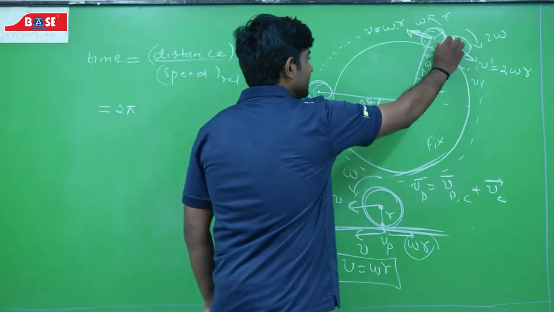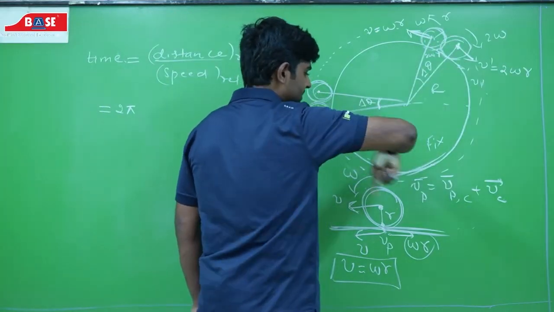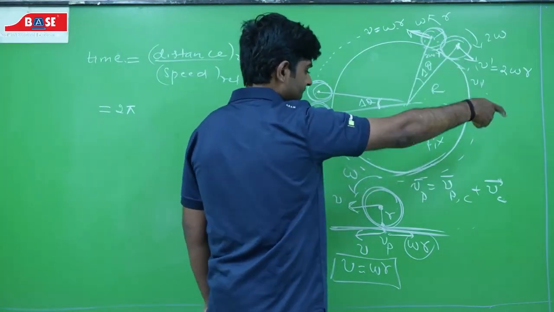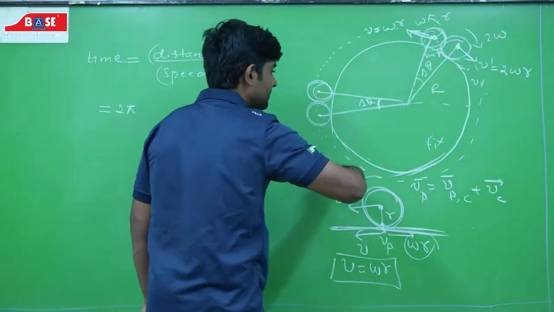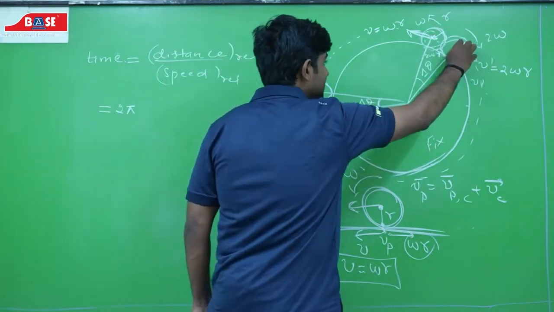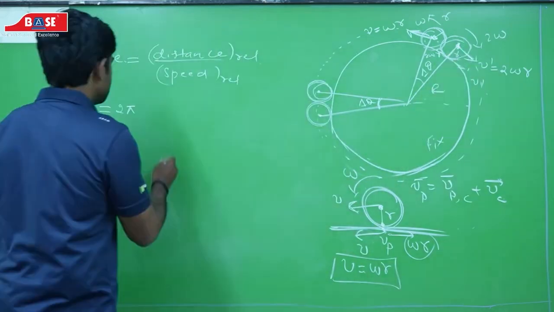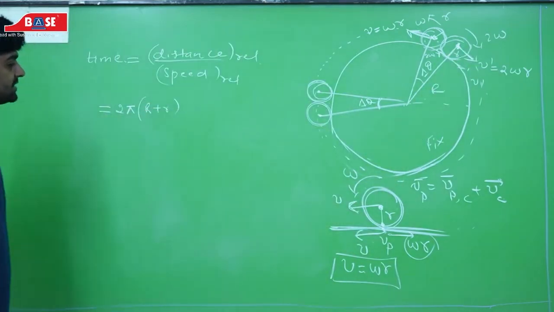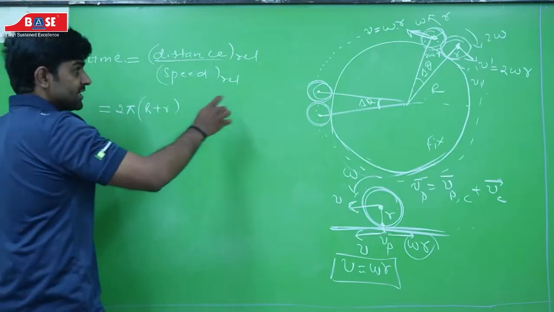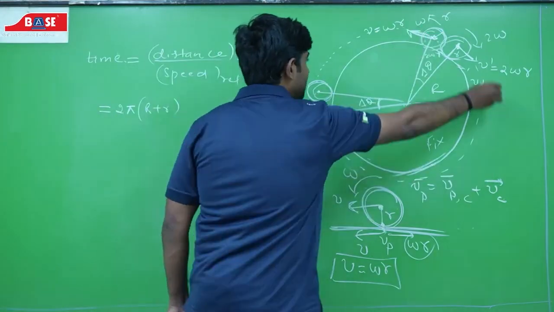If it was really small in size, the distance would be 2 pi r for the entire circumference. But from this center, the radius is effectively r plus smaller r, so we can write it as 2 pi times capital R plus smaller r. This is the effective distance as we consider from this point all the way back to the same point.